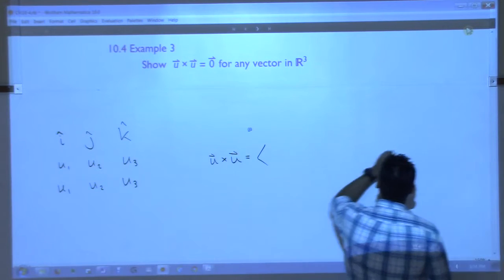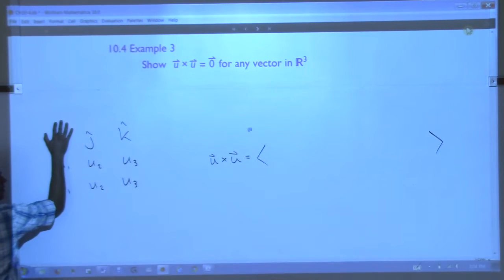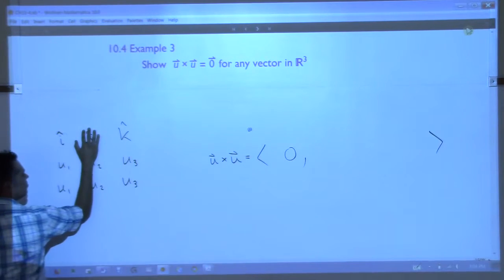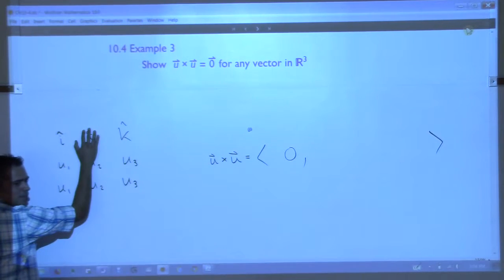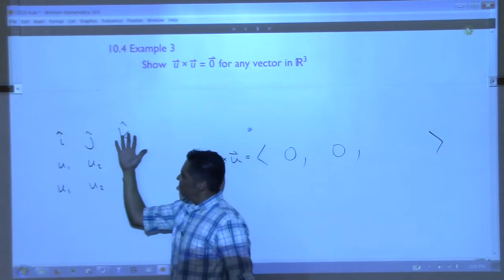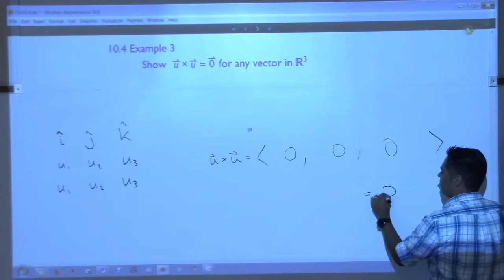It's going to be a vector. All right, so let's cover this one up. That's going to be u2 times u3 minus u2 times u3. 0. All right, middle one. This is trivial, isn't it? Yeah, this is trivial. But this is the 0 vector.